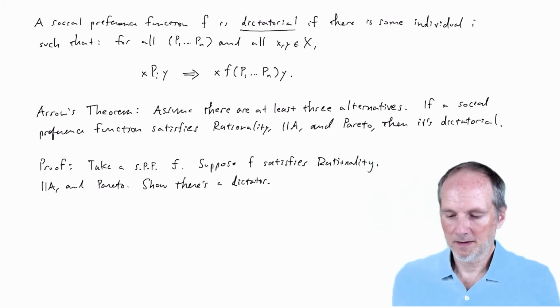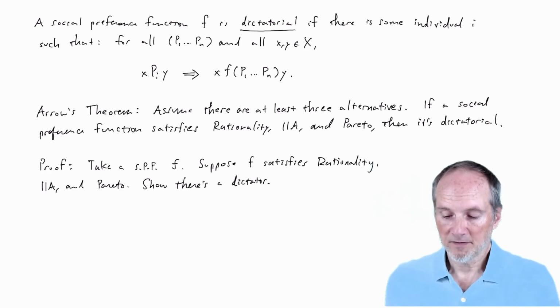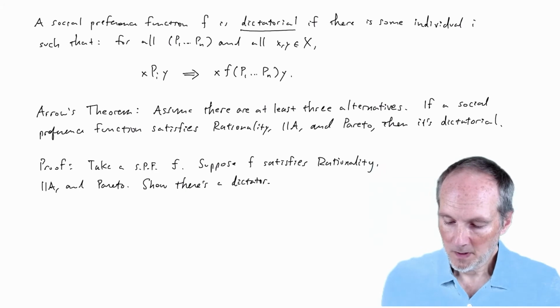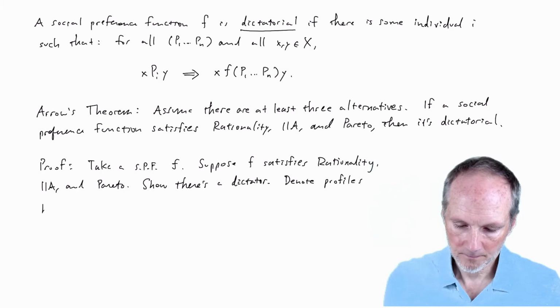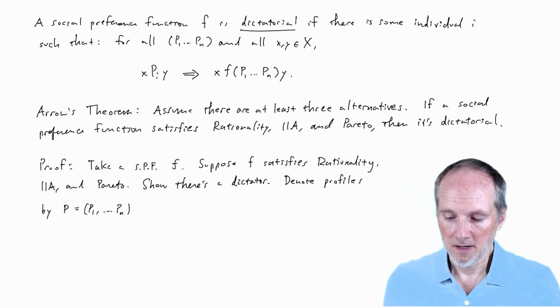Okay, I'll talk about the overview of the proof in a minute, but first let me define some terms. Let me denote profiles just to save some writing. Instead of writing out P1, P2 to Pn, let me just use a capital P for a profile.